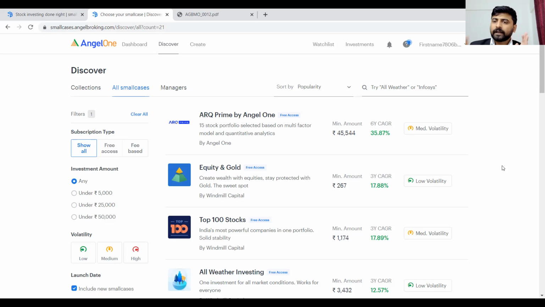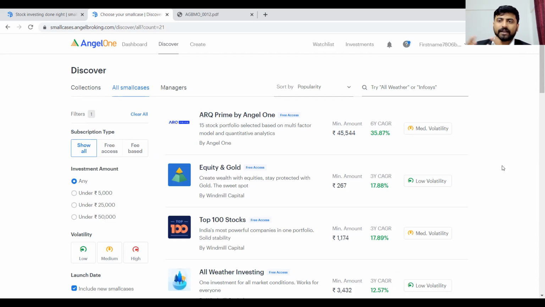What should actually be done is that you should try to understand each and every small case basket that you plan on investing in. You should try to understand the volatility levels, the historical performance, and the philosophy behind curating this small case.